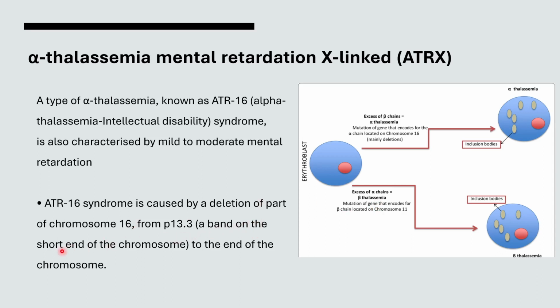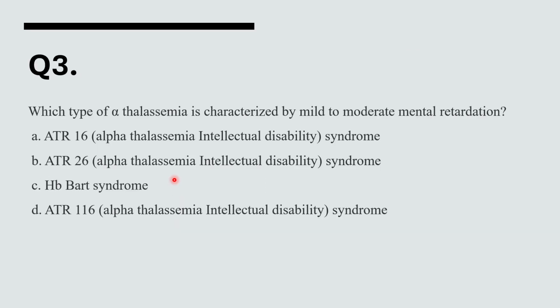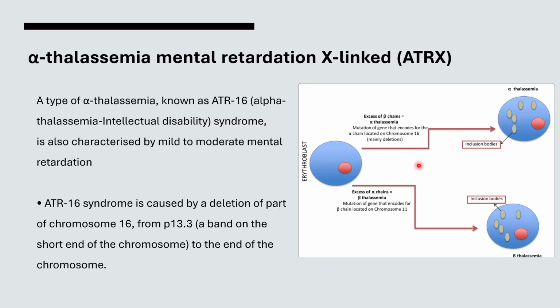Fine. So your answer will be ATR16, which leads to mild to moderate mental retardation. You can go through the whole lecture series, your week 8 lectures, to understand more about ATRX and other thalassemia related conditions.